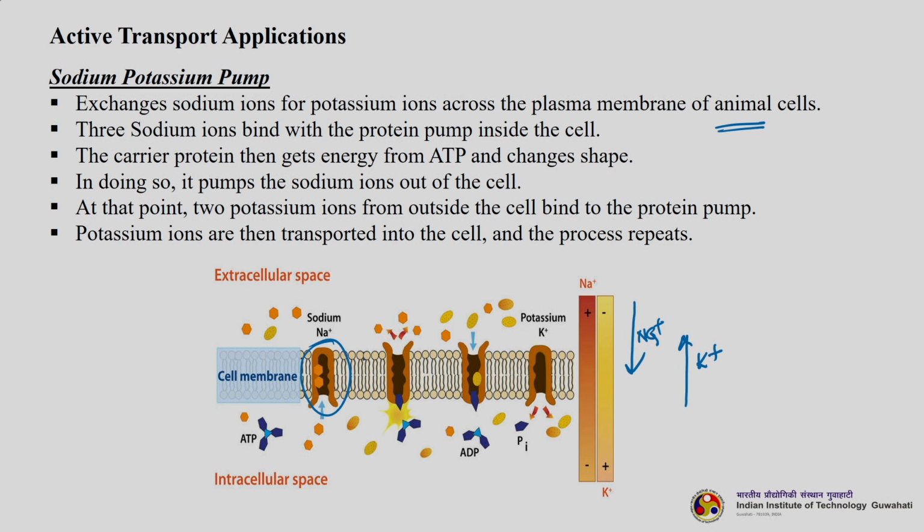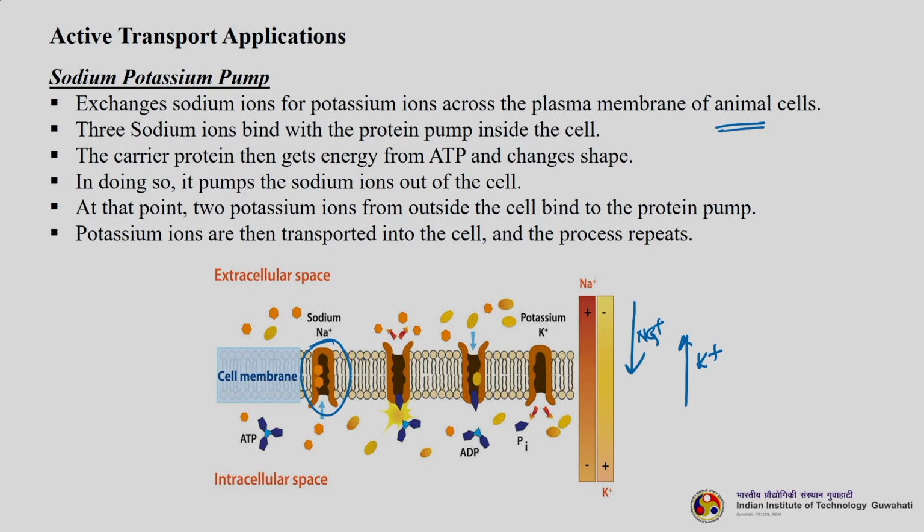You can remember that this is like the antiport mechanism we just discussed, where 3 sodium ions are exchanged with 2 potassium ions. The energy required for this transport usually comes from ATP, adenosine triphosphate, which becomes ADP, adenosine diphosphate, and Pi.